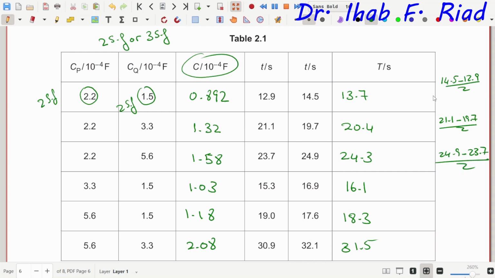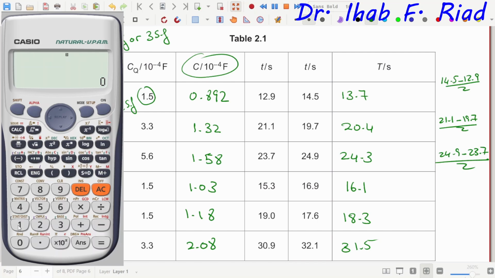Okay, let me do one for you. So the first one is 14.5 minus 12.9 divided by 2. It is 0.8. So it is plus or minus 0.8.